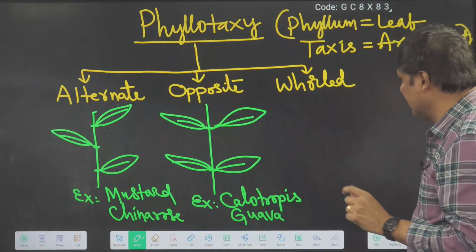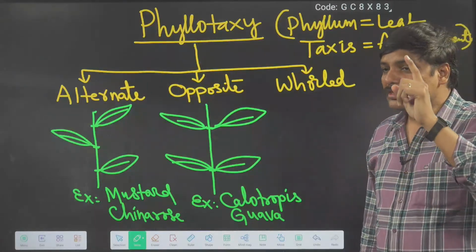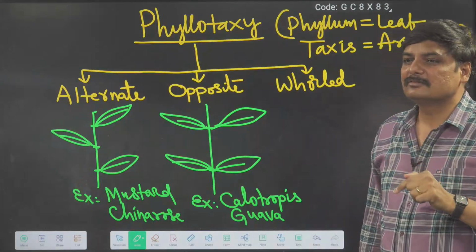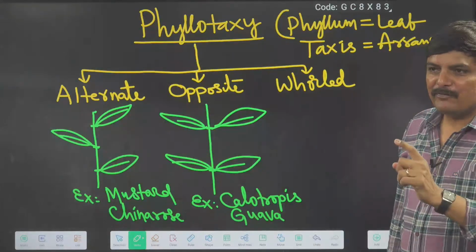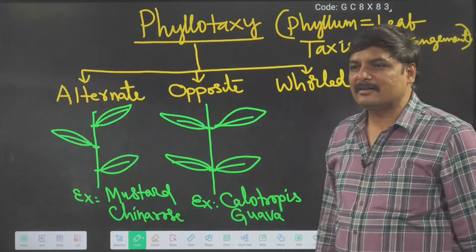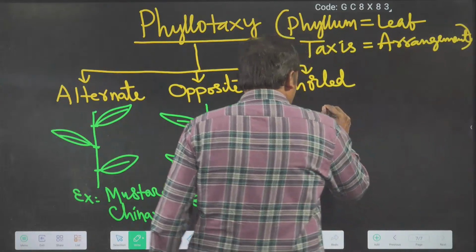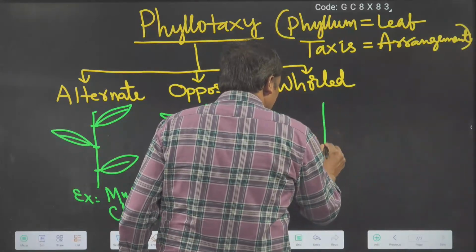And finally, if more than 2 leaves are borne at each node on the plant, it is called whorled phyllotaxy. For example, this is the stem. Okay.